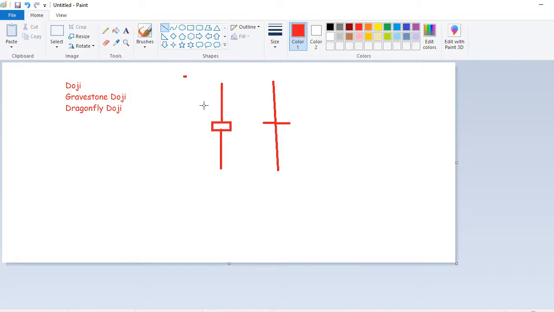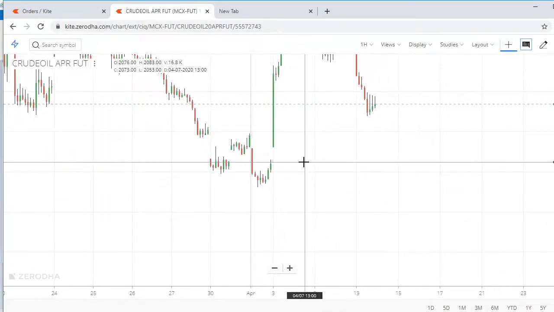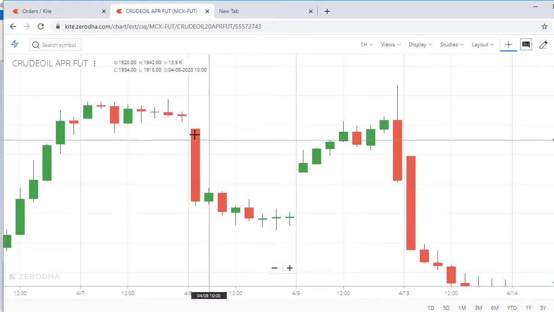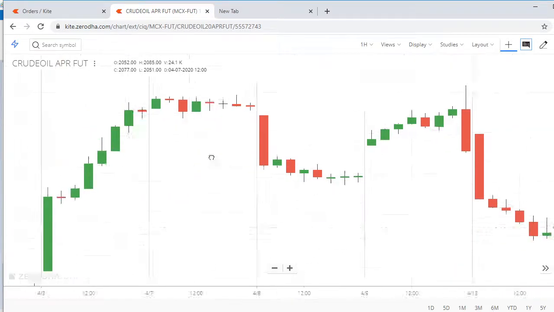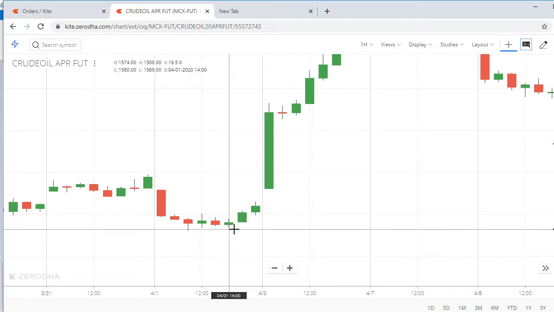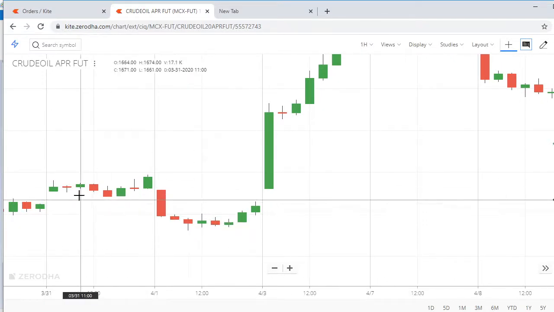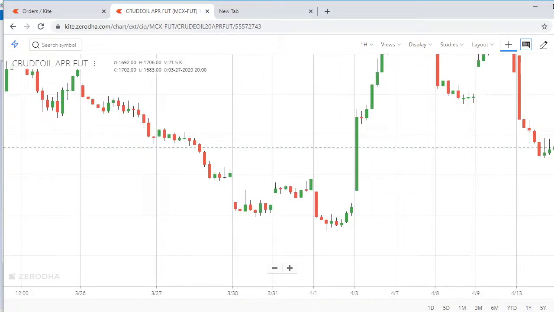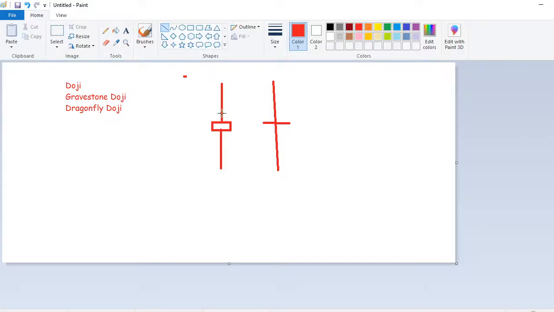If you look at the chart, these candles are doji candles. See, these are dojis. So what does that mean? Doji is nothing but, see, they are trying to push it up, but there is a price rejection. They are trying to push it down, but there is a price rejection.